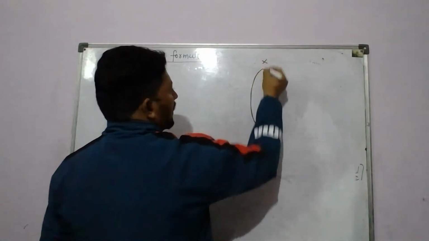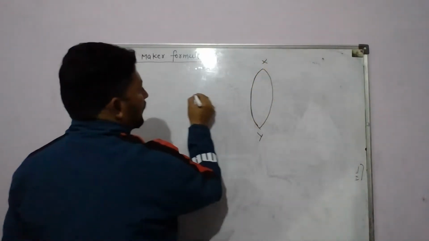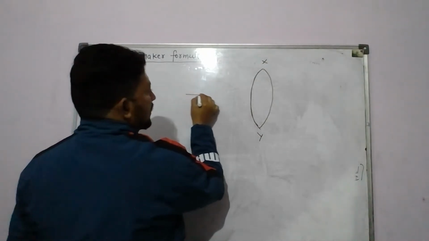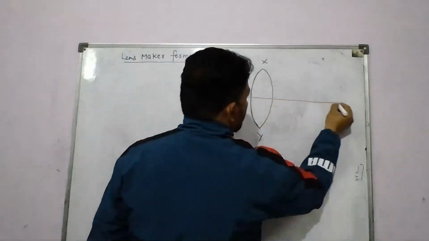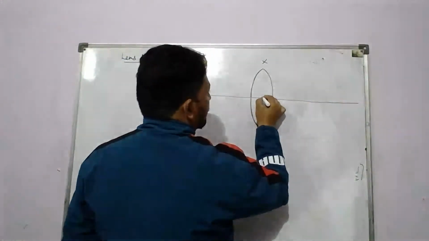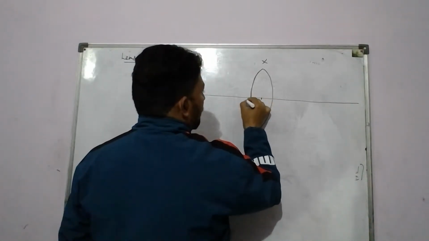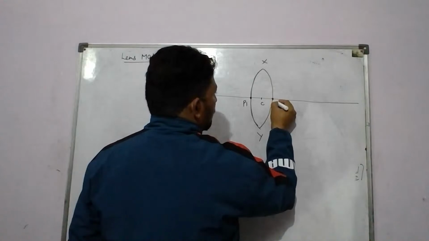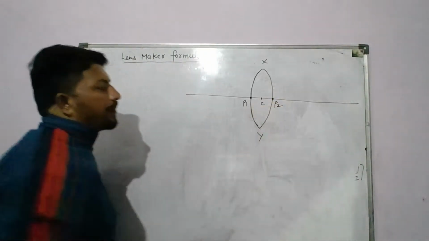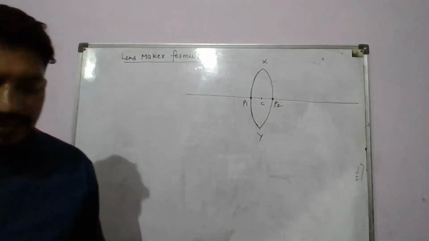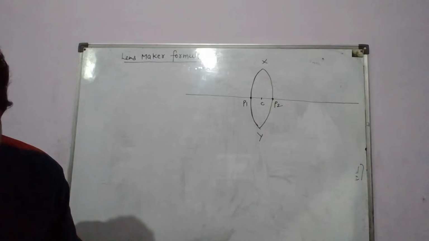This is your x, this is your y. This line is the principal axis. This is your optical center. This is the pole P1. This is the second pole P2. So first of all, you understand what the lens maker formula is.